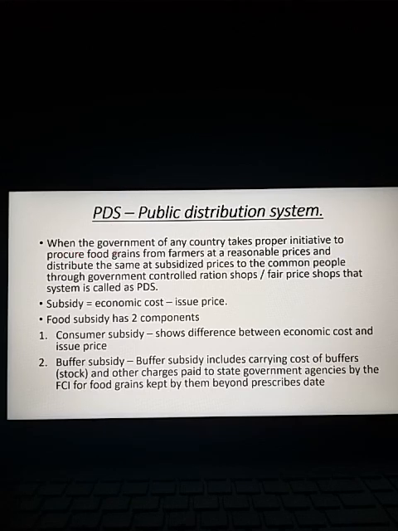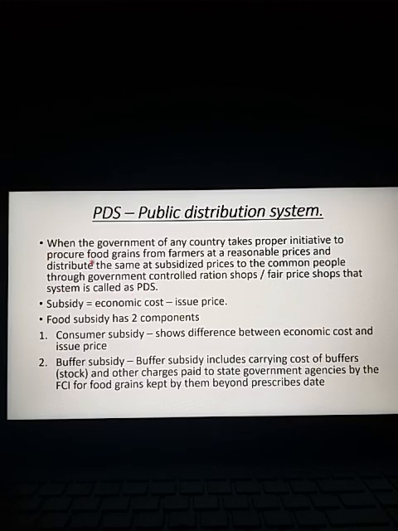When the government of any country takes proper initiative to procure food grains from farmers at reasonable prices and distribute the same at subsidized prices to the common people through government controlled ration shops or fair price shops, that system is called PDS.